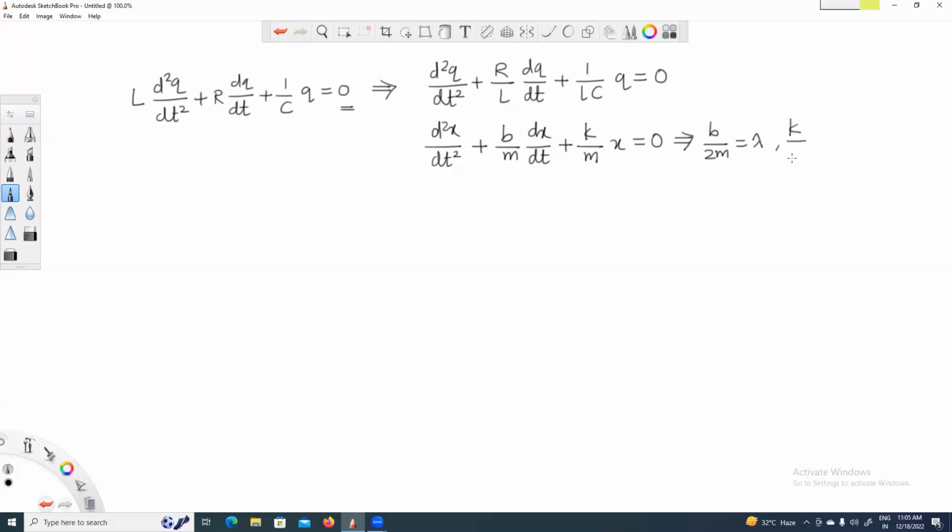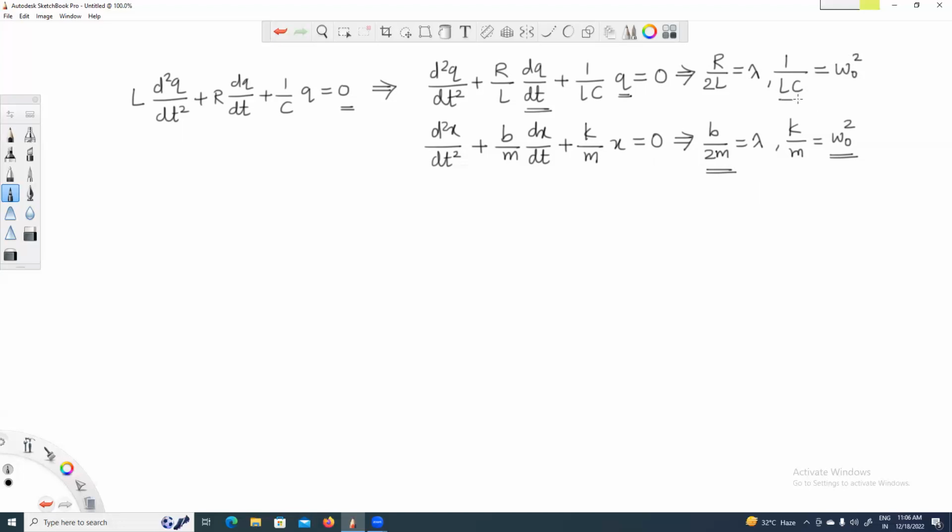And K/M is the square of the natural frequency of the system with which it will keep on oscillating in the absence of damping. Similarly, I will write these terms here. The coefficient of dq/dt is R/L, which I replace by 2 lambda, exactly analogous to the mechanical system. And the coefficient of q is 1/LC, which is equal to the square of the natural frequency of this series LCR circuit.